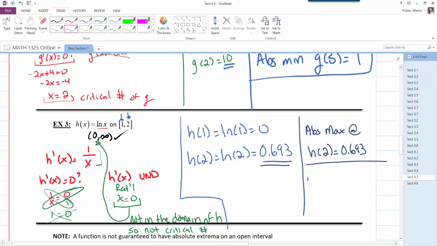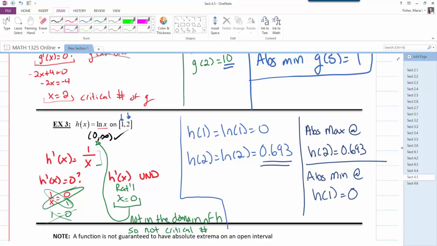And I have an absolute minimum at h of 1 equals 0. So when you're looking to find absolute extrema on a closed interval, the first thing you do is make sure that you are continuous over that interval. Then you find the critical numbers of your function, and then you evaluate the function at the endpoints and at the critical numbers. Your max is at the highest number, and your min is at the lowest number.